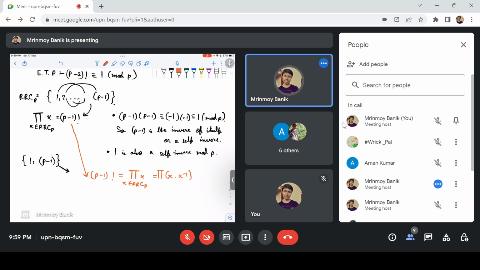How should I write it? Like, so it's x1 times x2 inverse.